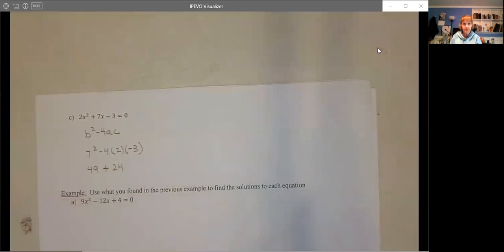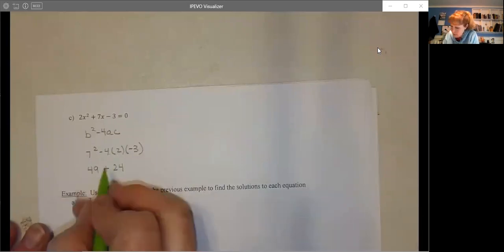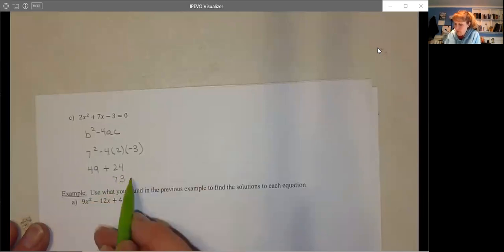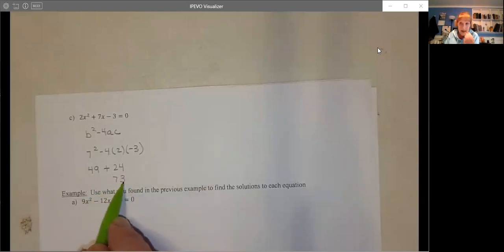When we add those together, we get 73. So that tells us it's not a perfect square. It's not 64, it's not 49, it's not 36. So we know that our radical will be left.